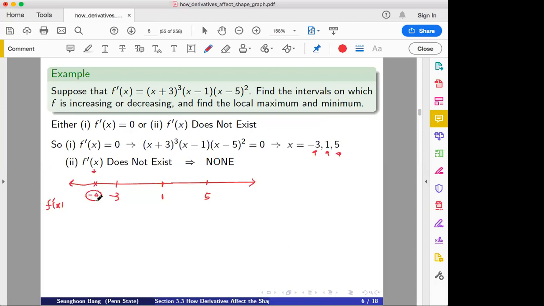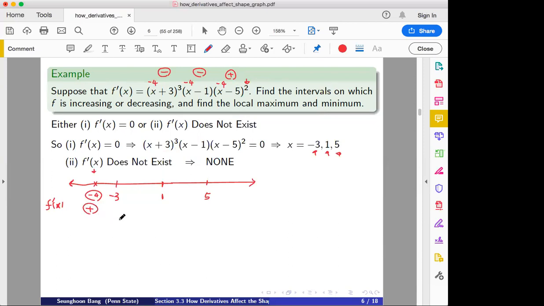Plug minus 4 in. Minus 4 plus 3 is negative 1, and negative 1 cubed is negative 1. Minus 4 minus 1 is minus 5. The 2 is an even power, so this is always positive. Negative times negative is positive.